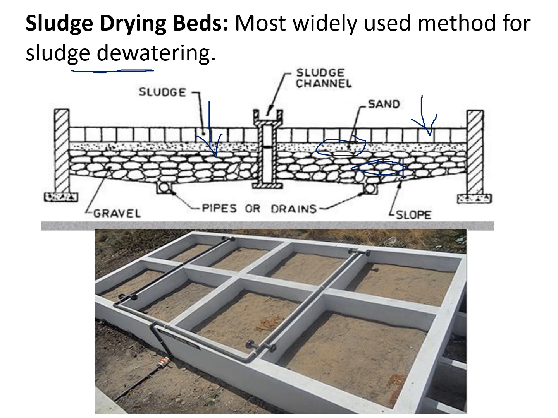The moisture passes through, and pipes and drains collect this leachate, which is further applied to the process right from the primary sedimentation tank. After drying for 14 to 15 days, the sludge has to be scraped, and it can be used as manure, and it can be useful for earning money also.